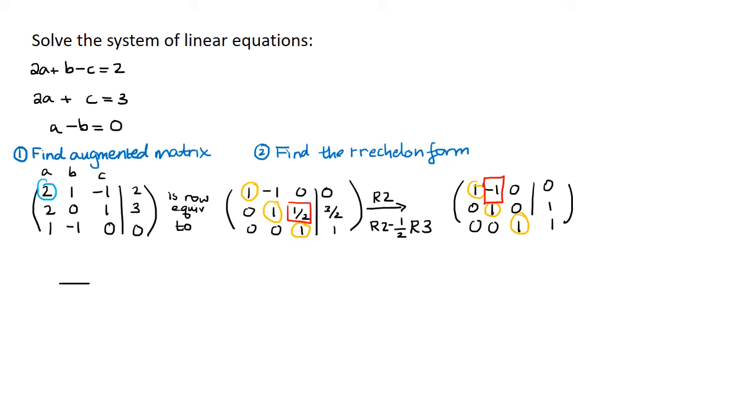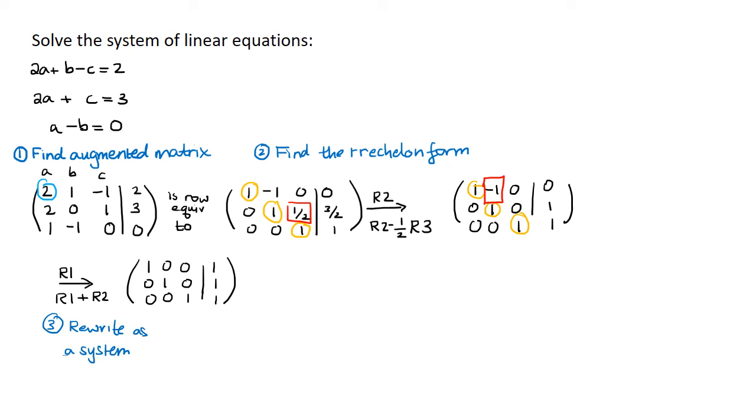So we're replacing row 1 with row 1 plus row 2. Okay, and you can see we are now in reduced row echelon form. And when we go to rewrite as a system, we can see that it's a really simple system.